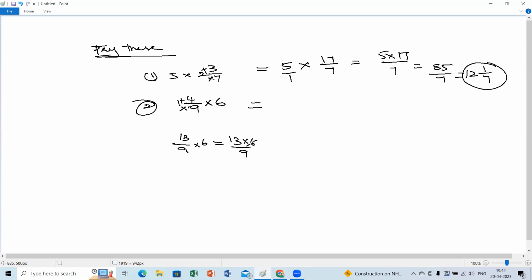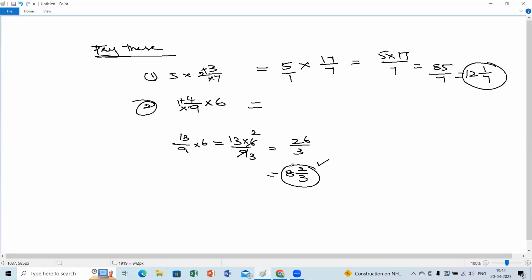So you can reduce here. 2 threes are 6, 3 threes are 9. 13 twos are 26 by 3. But 3 eights are 24. 2 remainder, 2 by 3. That's one way. Or else you can directly multiply and simplify. That is also the same thing you will get.